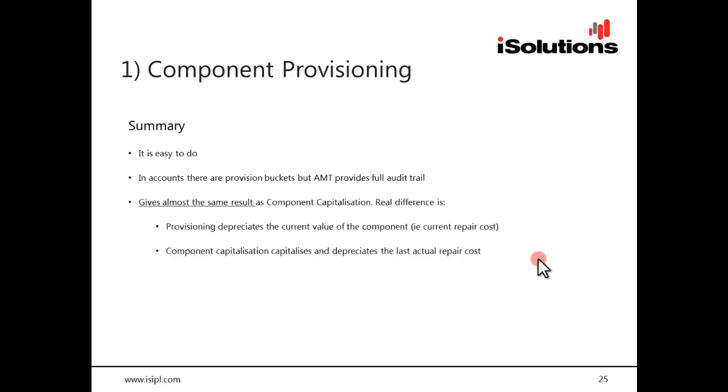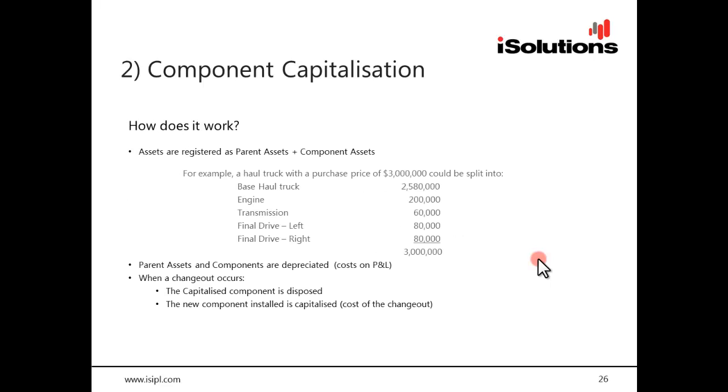The component capitalization is, as the title describes, capitalizing each component. So instead of looking at a whole truck that might cost $3 million as one asset, you're actually splitting it apart at the point of registering it in your asset register. And you do this within AMT.